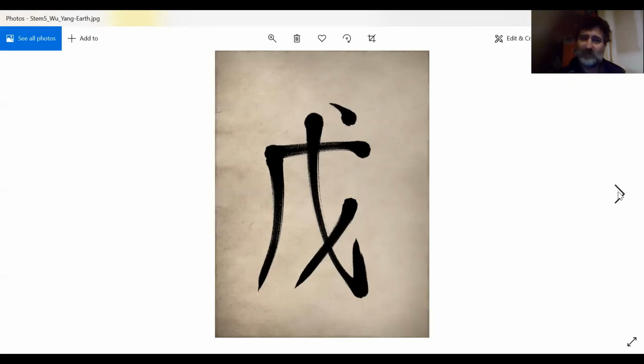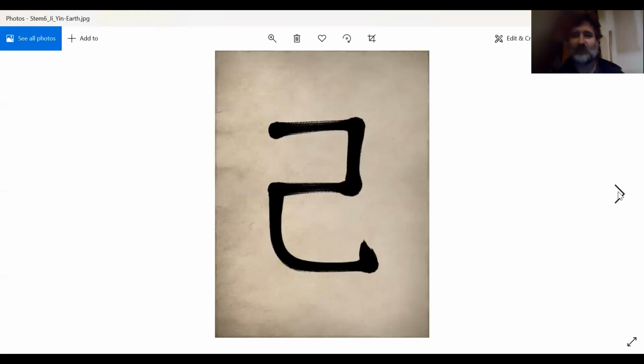Yin Earth is symbolized by a valley. So this is the empty hub, utter stillness, utter emptiness. Yin Earth is the central pivot, actually.